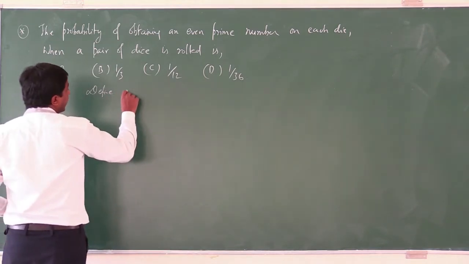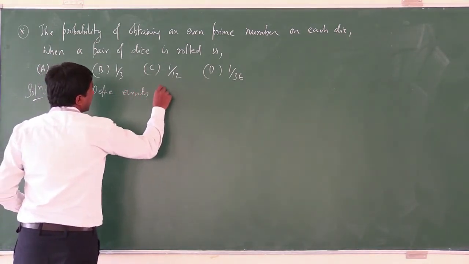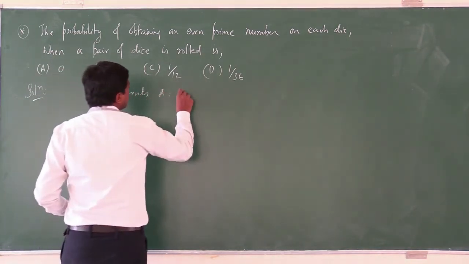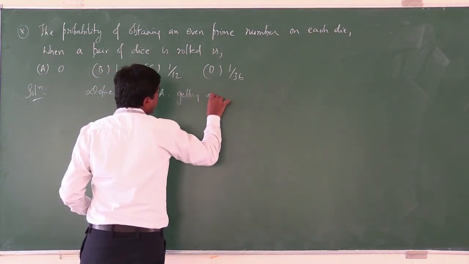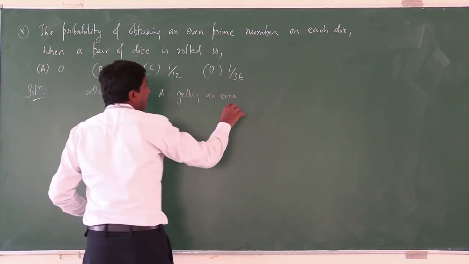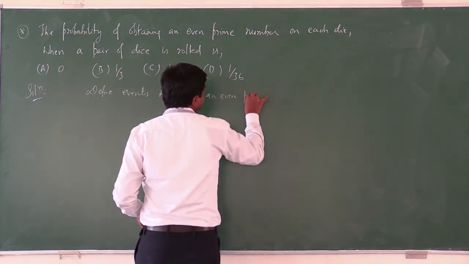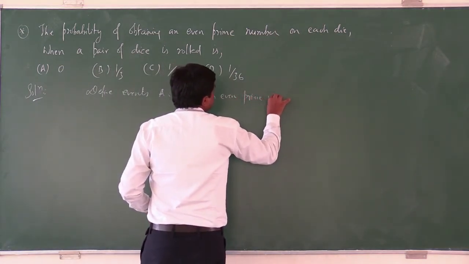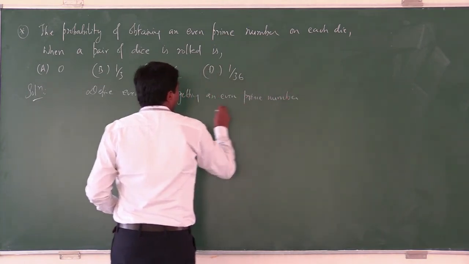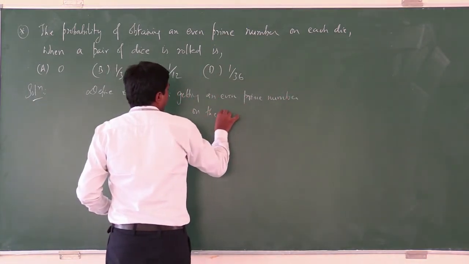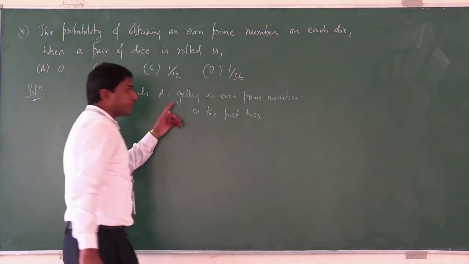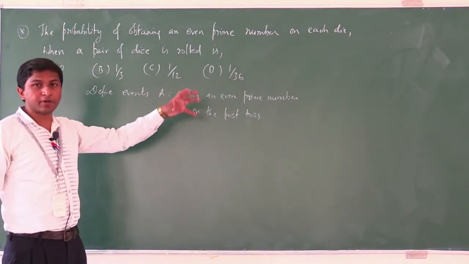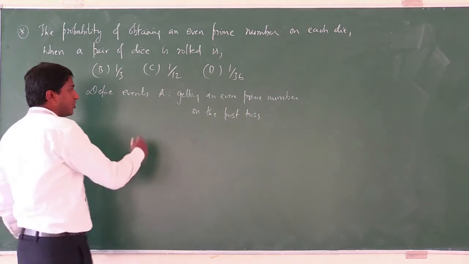We will define events. Capital A: getting an even prime number on first toss. Event A is getting an even prime number on first toss.